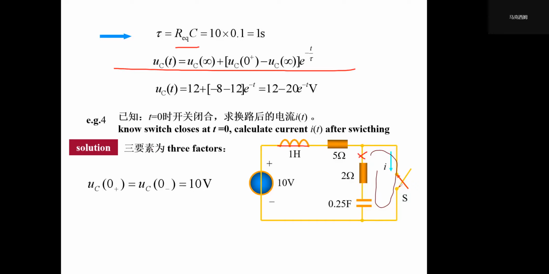For this capacitor, its original value before we close the switch is 10, with an open circuit, and after a while, once we close it, it will be 0. For this loop, it is 2 times 0.5.